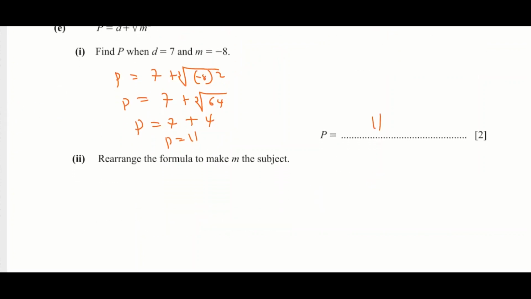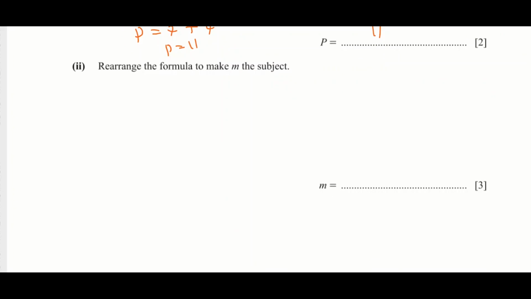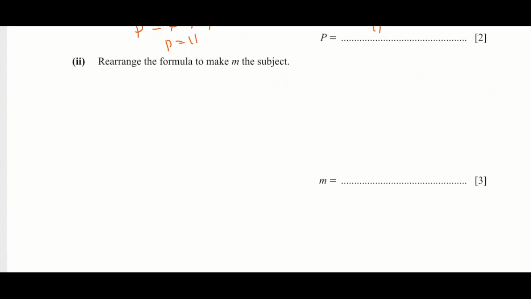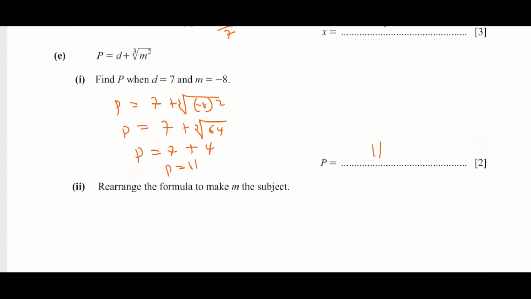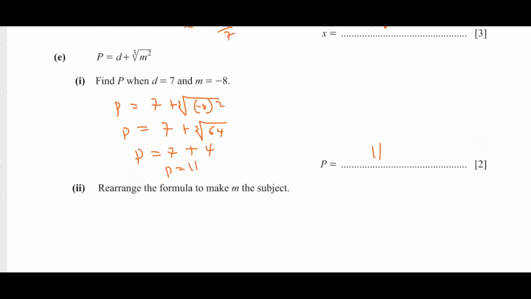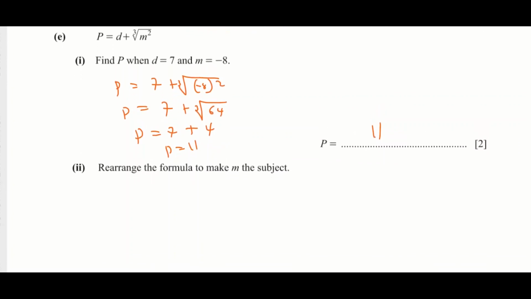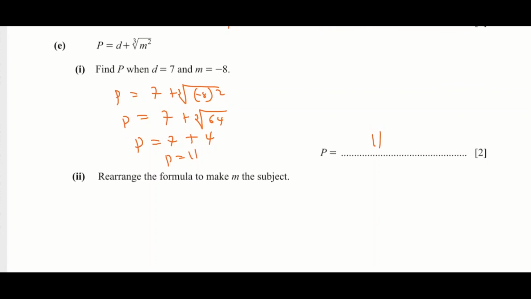So Roman figure 2. Rearrange the formula to make M the subject. Okay, so to do that, let me write this again. Okay, I think it's okay from here. So we have to firstly bring this one here. D needs to go to the left hand side.